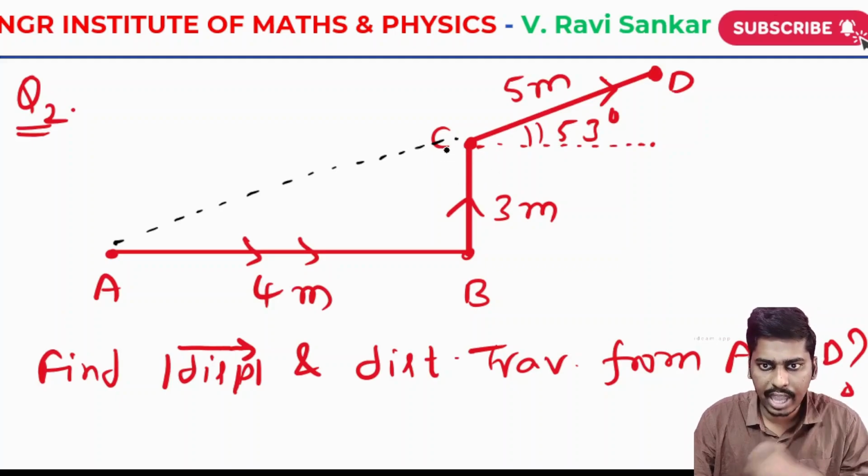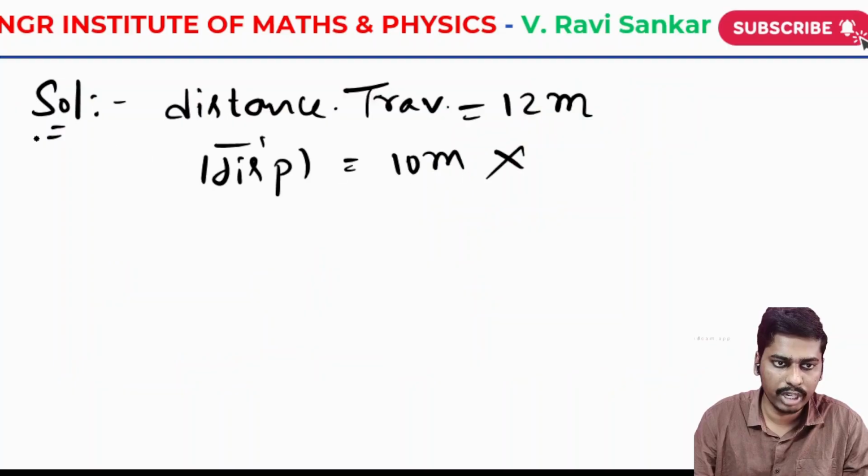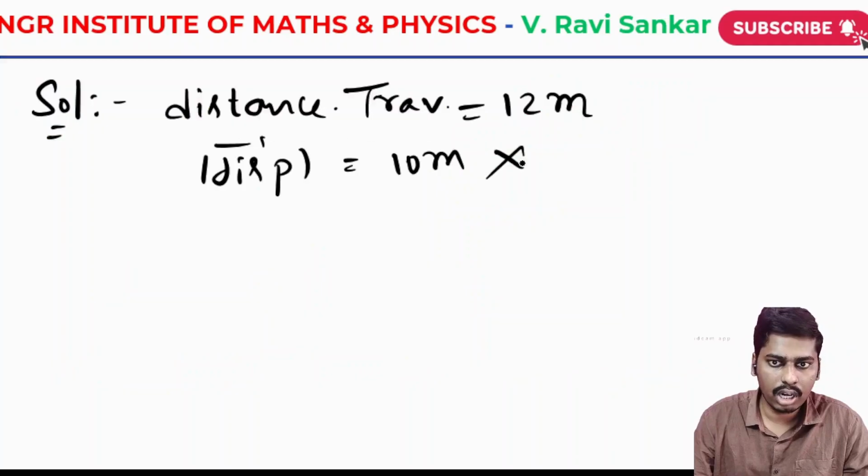Since this angle is 53 degree and this angle is 37 degree. If this were 53 degree, then 10 meter would work, but it is not, so it is 37 degree. So the answer is not 10 meter.